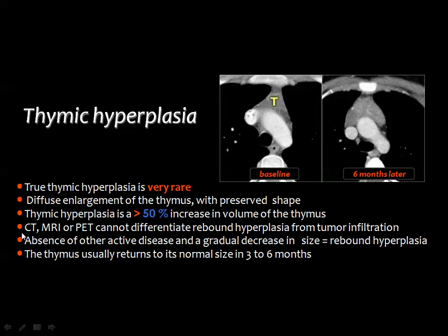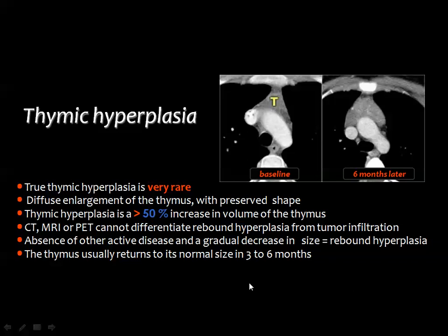And in all conditions, CT, MRI, PET scan cannot differentiate the rebound hyperplasia from the true tumor infiltration. As you know, the thymus on PET scan shows normal increased uptake between the age of 3 and 13 years of age.